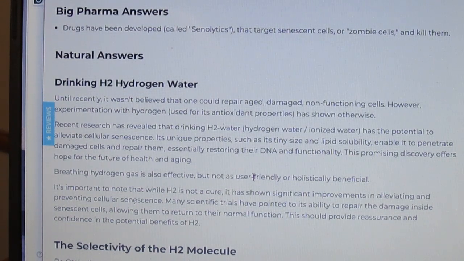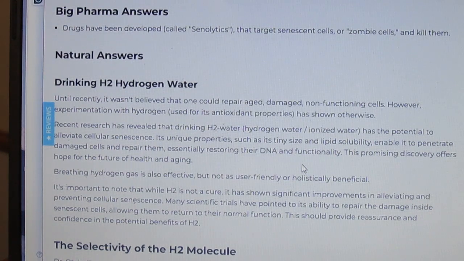But once it's in the body, it goes to work, and that hydrogen can go in and donate an electron to the damaged DNA. And another thing about hydrogen is it's lipid soluble, fat soluble, in other words. And you need that in order to get past the cell membrane and into the cell and into the DNA to give it its antioxidant.